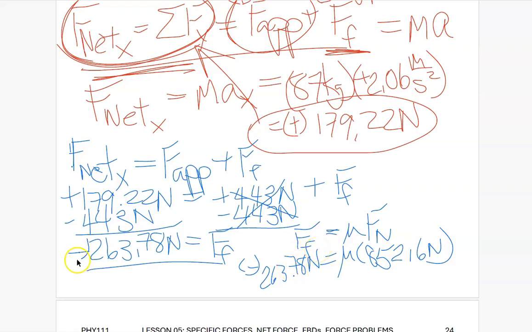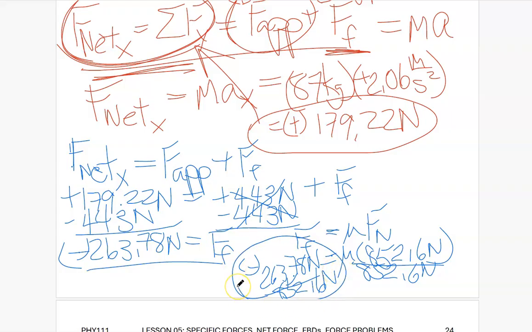Now, you'll notice I am putting the frictional force's direction in parentheses. That is because mu, the coefficient of friction, is always a positive value. So we want to divide both sides by this number, 852.6 newtons. I know I'm cramming everything in. I'm going to write it up here.